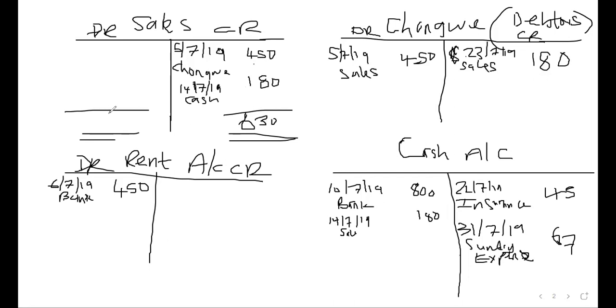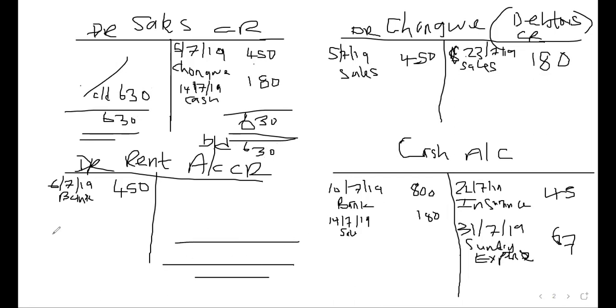Even here, 630. So our carried down, there was nothing here, so our carried down is 630. Our brought down will be 630. I'm just wondering if people are following. Yes, we are. Okay, thank you.